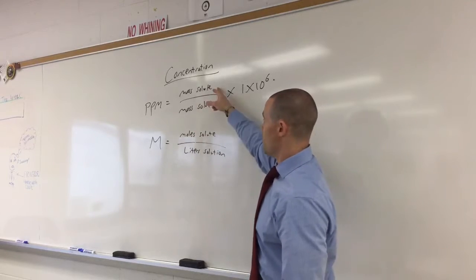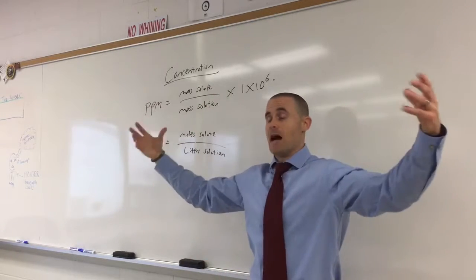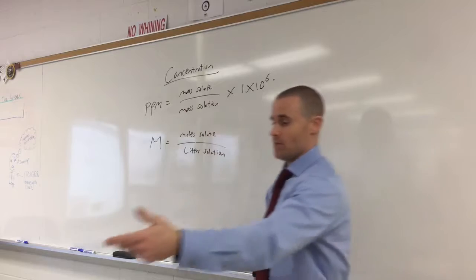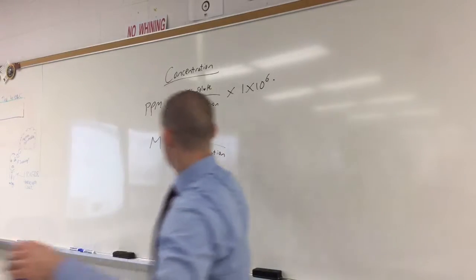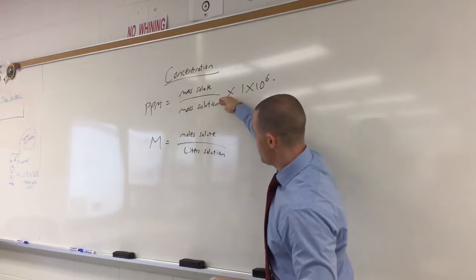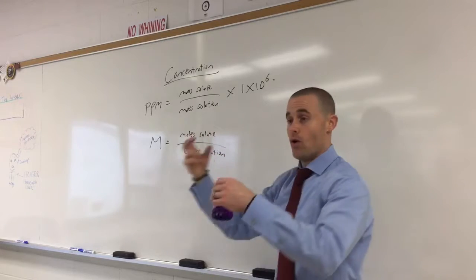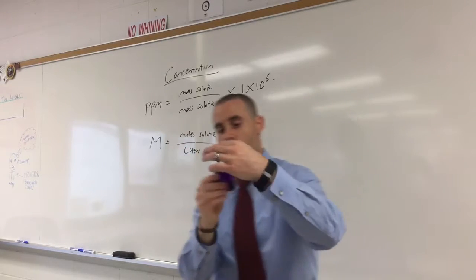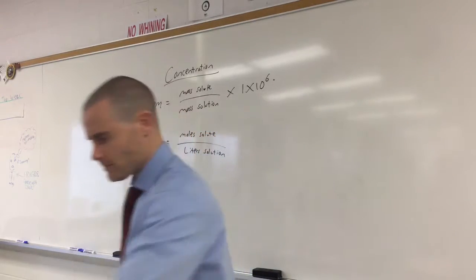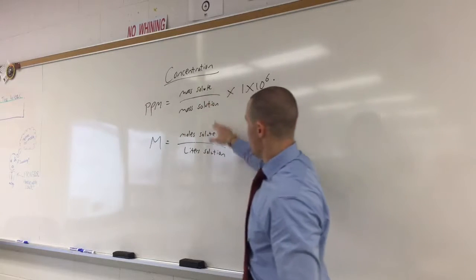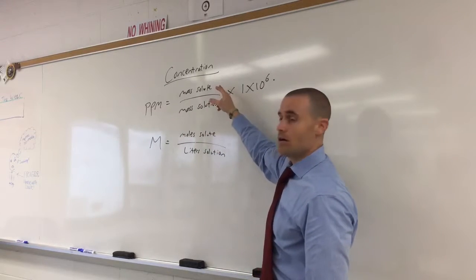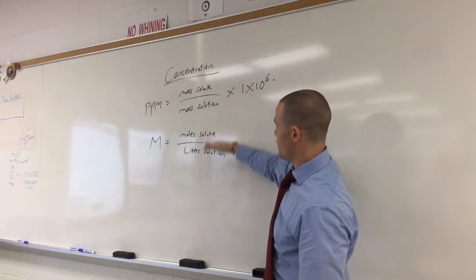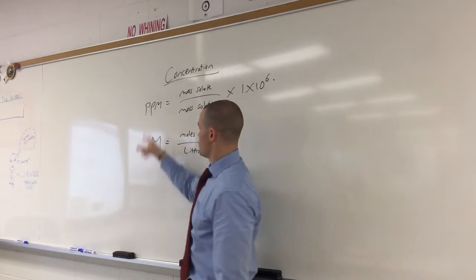If you have a lot of solute, but a massive amount of solution, then it's probably going to be light like this. So it does depend on the ratio, but let's assume the amount of water, the solution, stays constant, about 100 milliliters, a little less. If I add more solute, so the numerator goes up, but the denominator stays the same, then these numbers are going to get bigger.